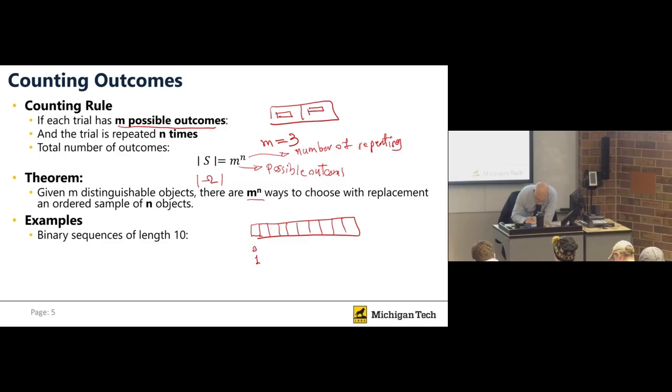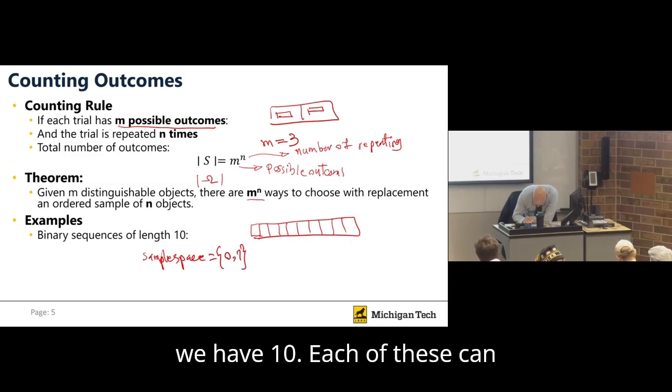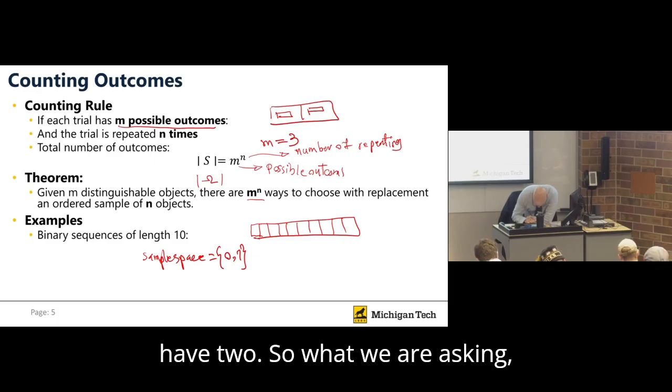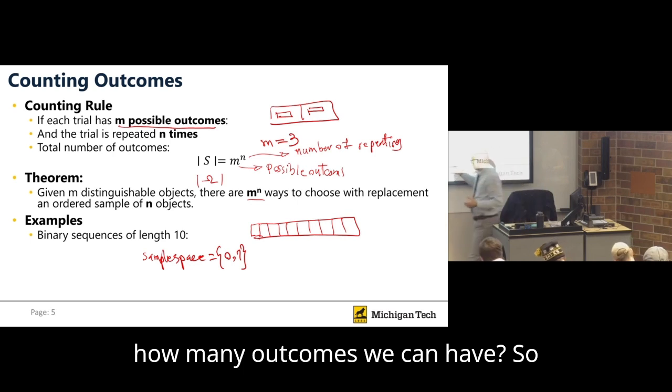So the sample space is 0 and 1. We have 10 positions, and each of these can have 2 values. So what we are asking is how many outcomes we can have.